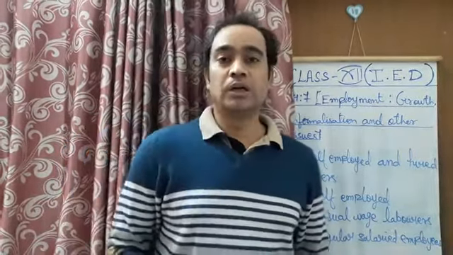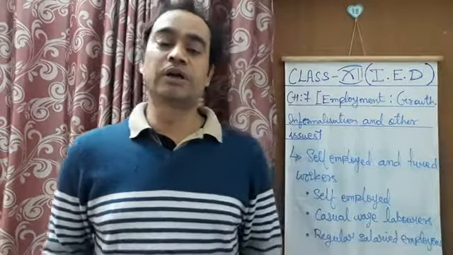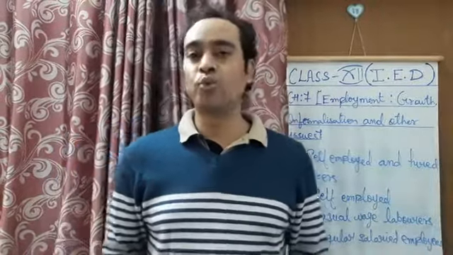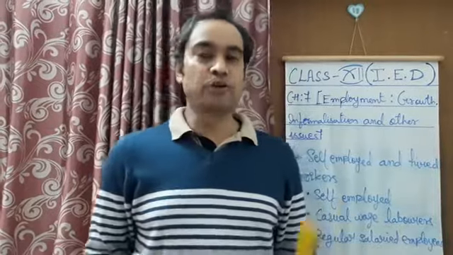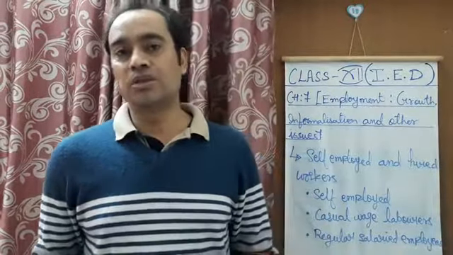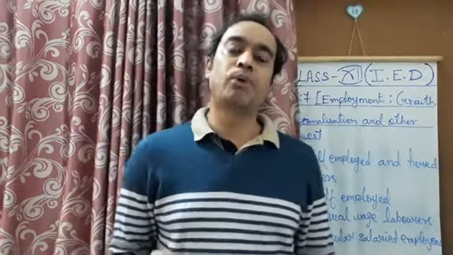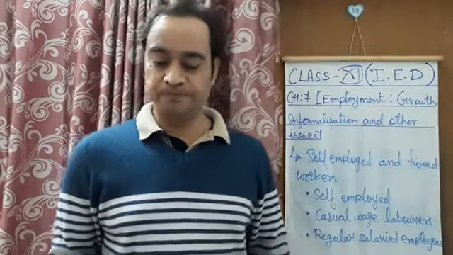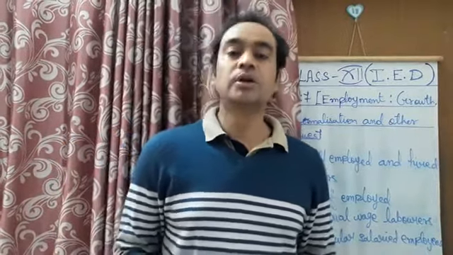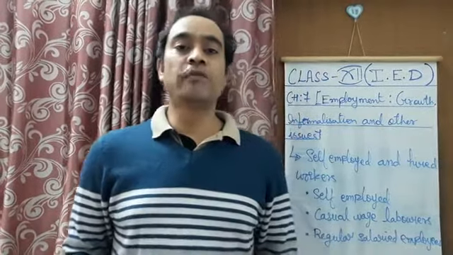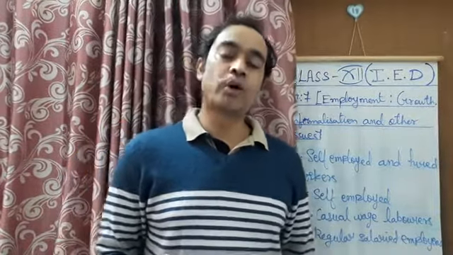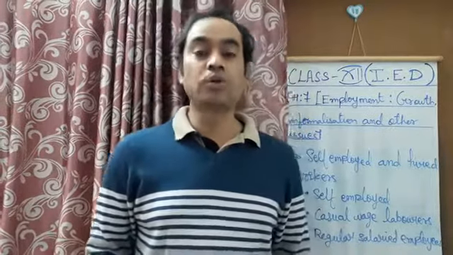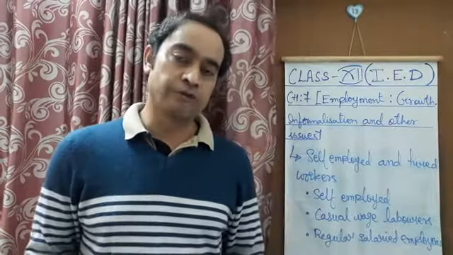When the construction is finished, the worker has to go to some other place to find work. So only for some days a person is employed. So these are all the casual wage laborers, and this category of people accounts for about 30% of India's workforce.